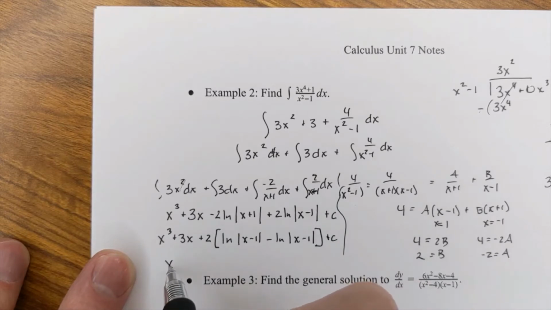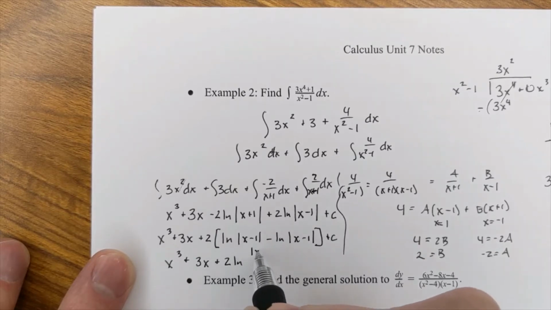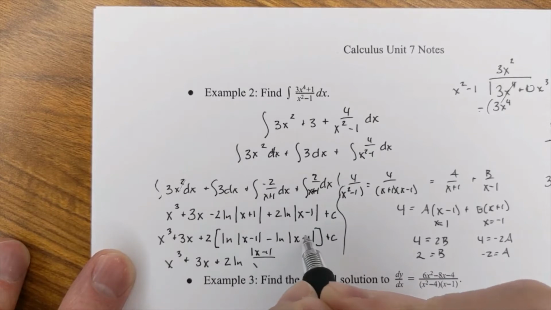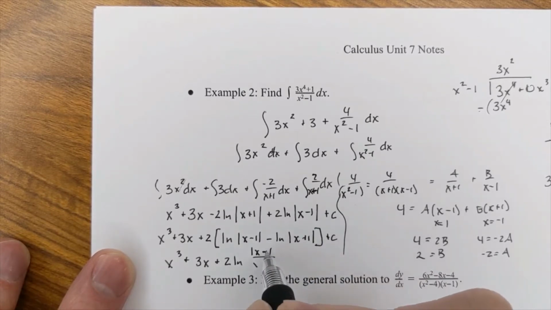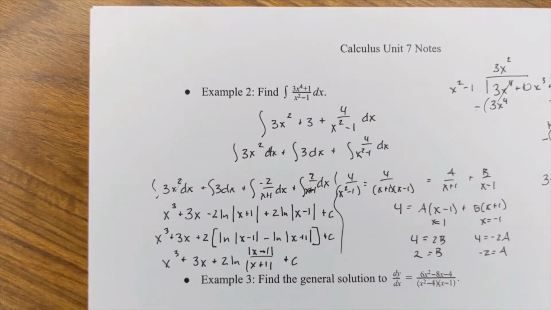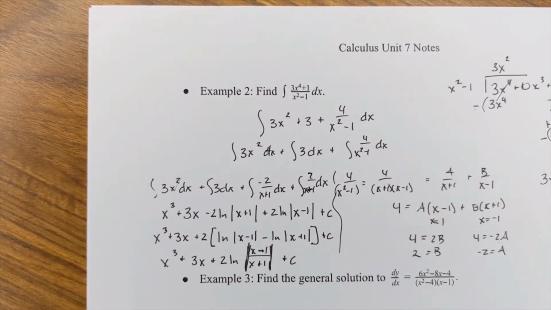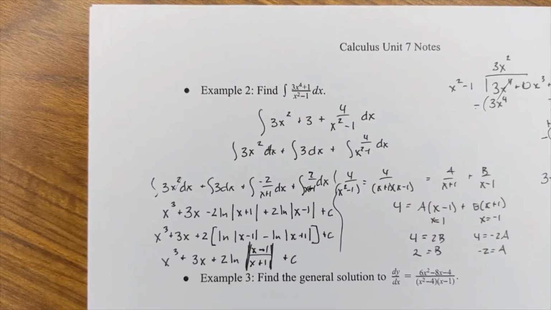Since you're subtracting the logs, what you are actually doing is dividing them. So 2 ln of (x minus 1) over (x plus 1), plus C. Or you can make this just single absolute value bars because the whole thing has to be positive. So that is your final answer.